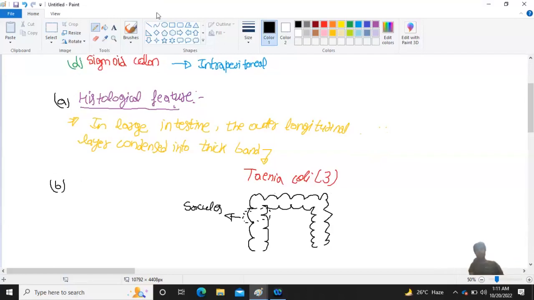So basically, what are sacculations and what are haustrations? Sacculations are constrictions like this.